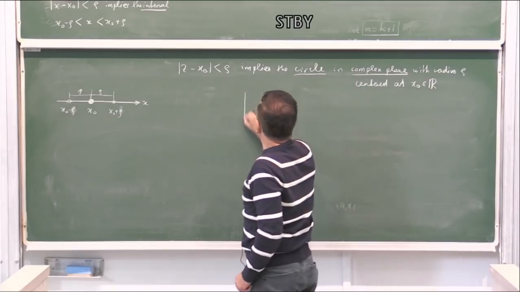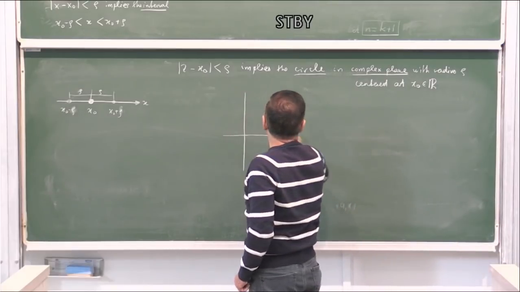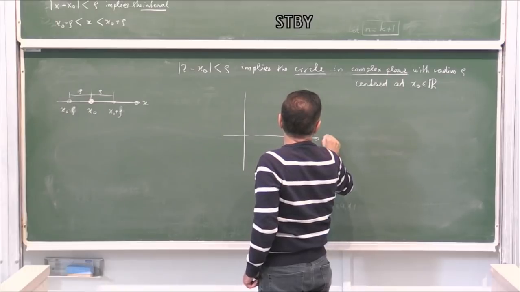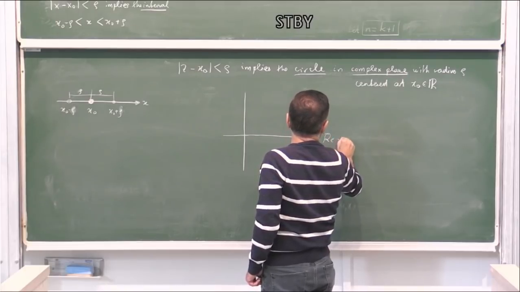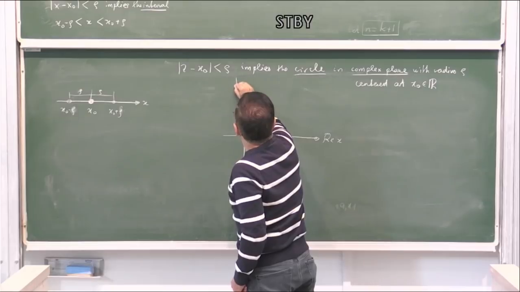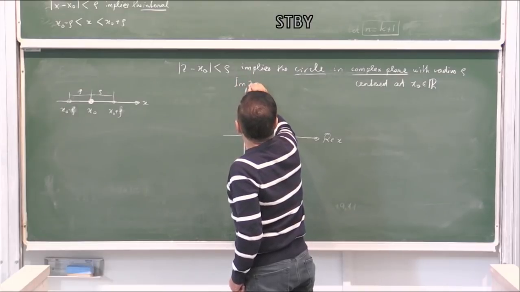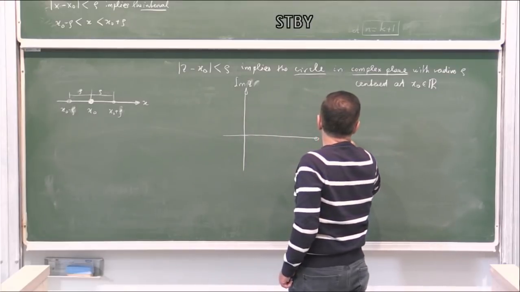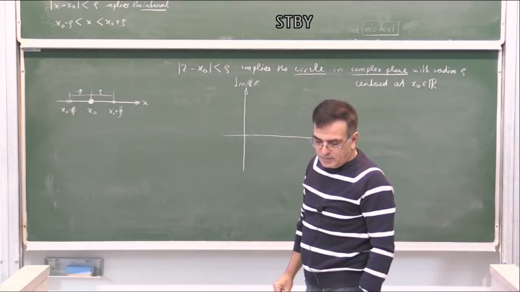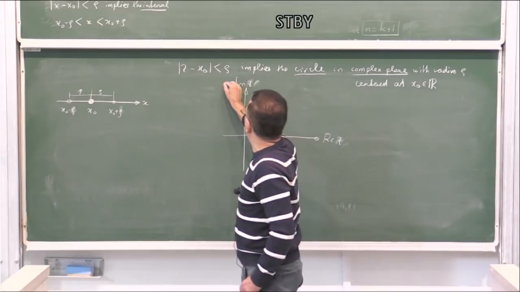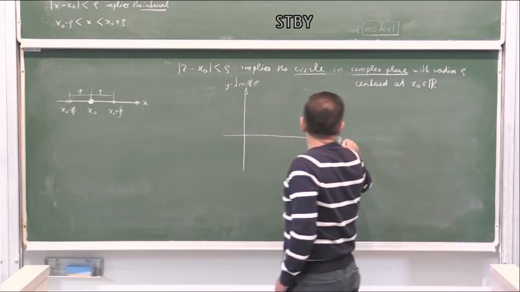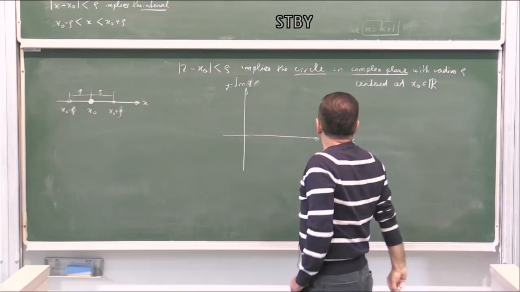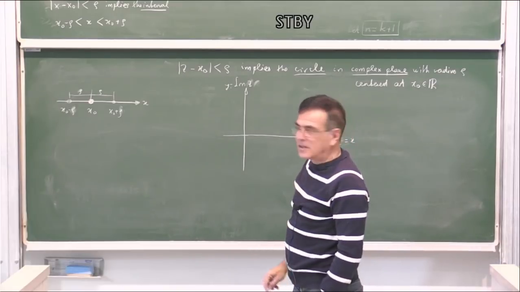So look geometrically, it means this. Let's say real x-axis, imaginary axis, real z. Good? Let's say y is imaginary and real z is the x-axis.